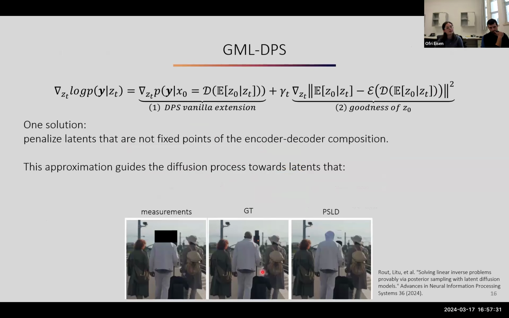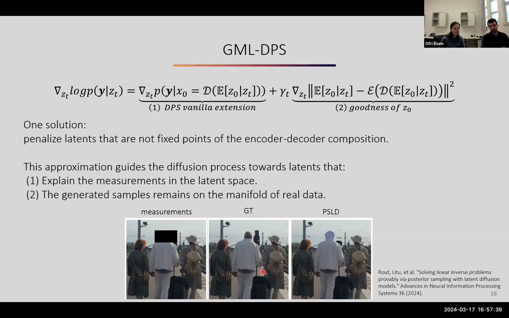Okay, one solution the authors mentioned is to penalize latents that are not a fixed point of the encoder-decoder decomposition. What does that mean? It means that we want to generate samples that remain on the manifold of real data, and this is the term that can penalize this.